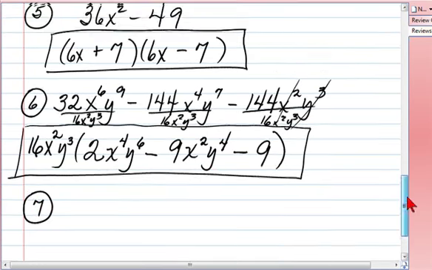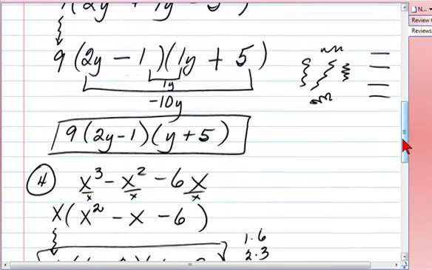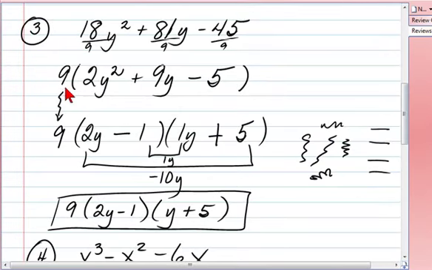Yes, ma'am. If I went back to number 4, there was a greatest common factor of x, and then I could do more. But look at that pattern. It's x squared, something x, and a constant. Up here, I had a greatest common factor of 9, but then look at this. It was something y squared, something y, constant.